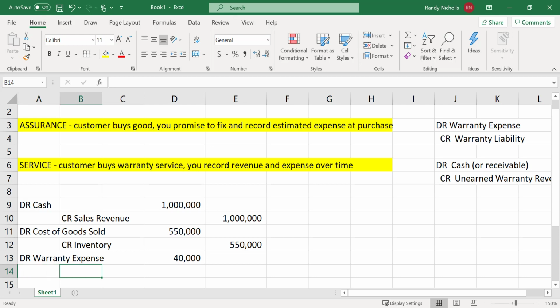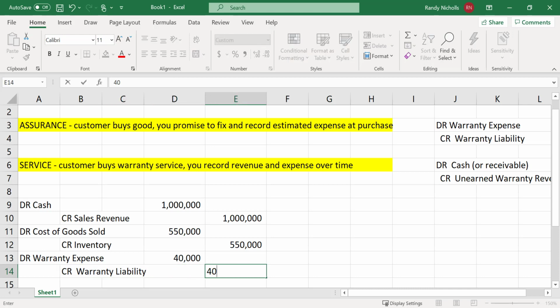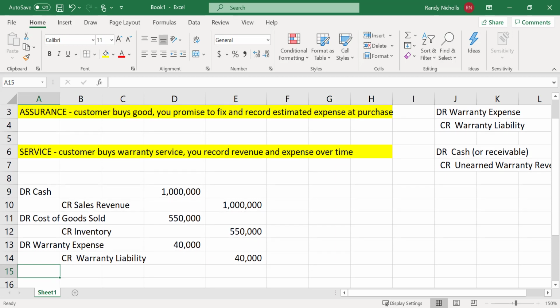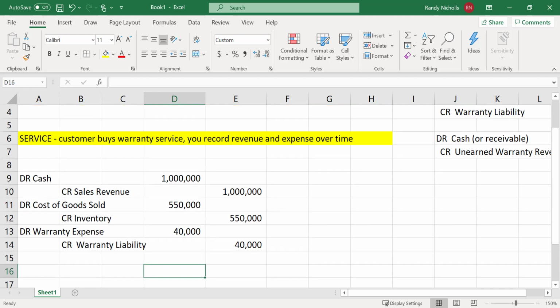And I'm going to set up a liability. Okay, so in theory, I have recorded all of the expenses that I am aware of that relate to the sale of those goods. Those expenses are the cost of the goods and the $40,000 I'm going to have to spend over the next 2 years' warranty.